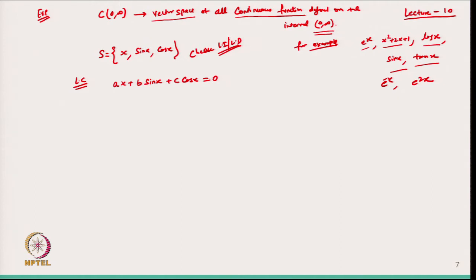Here my x is coming from this interval, and a, b, c are the scalars that we are going to find out, just to check whether they are linearly independent or dependent. I just took the linear combination and put it equal to 0. This 0 is the zero function.